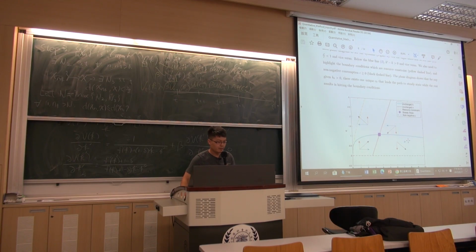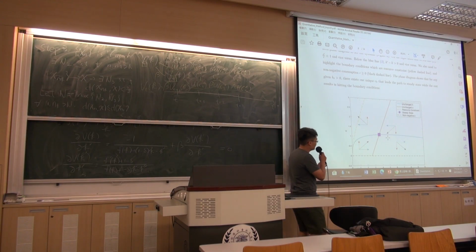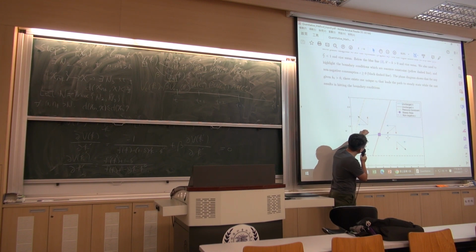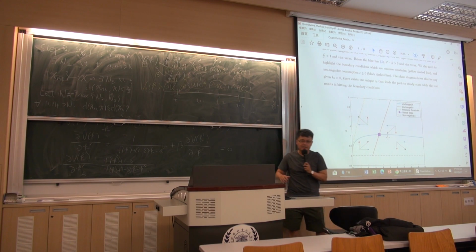And if your point is, let's say, above this blue line, it's going to push you backward. How to interpret it?